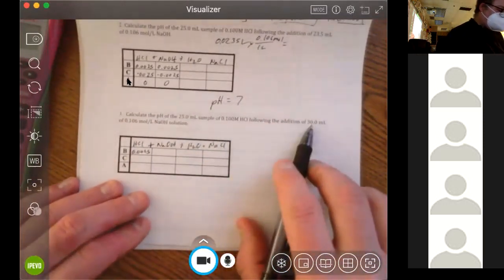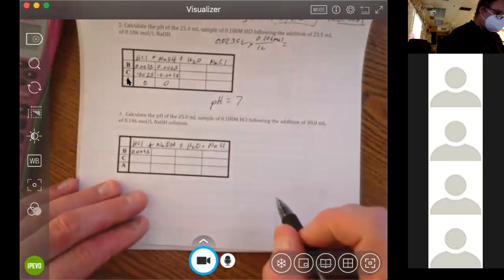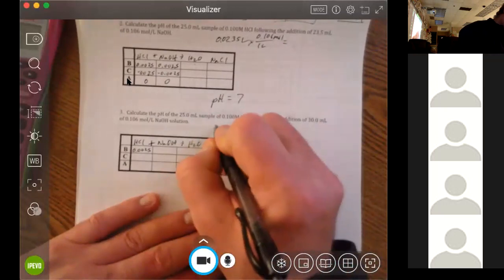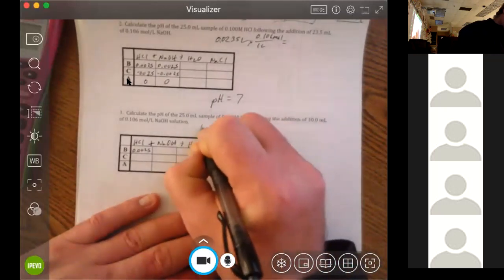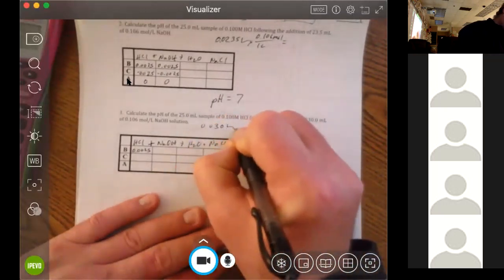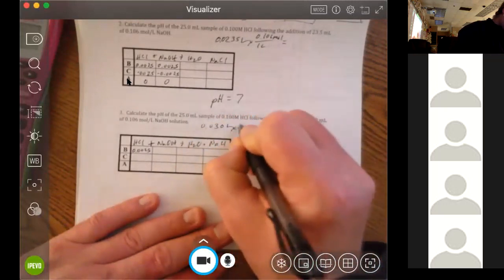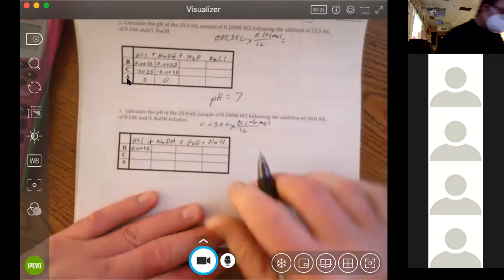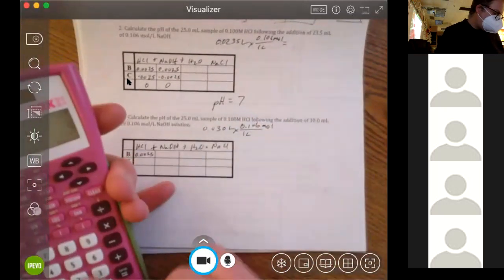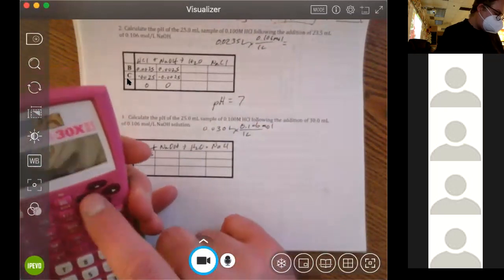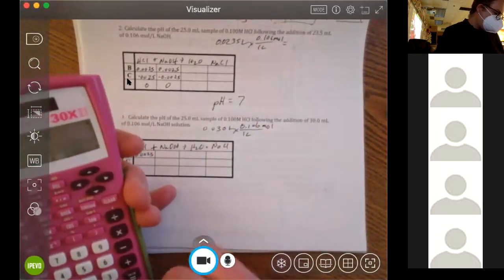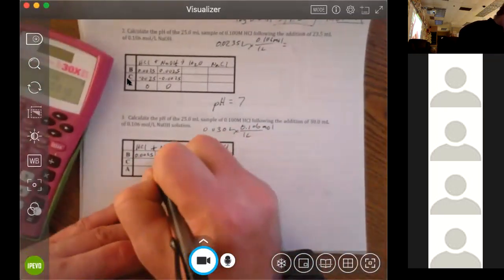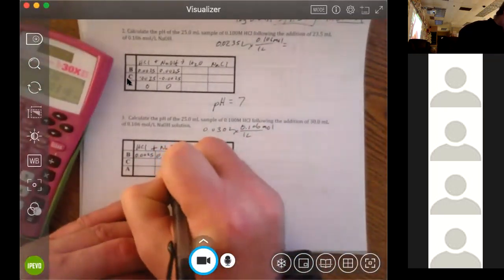And we need to figure out what the number of moles of this is. Moles of the hydroxide: 0.00318.